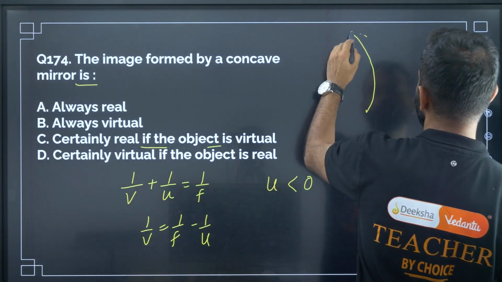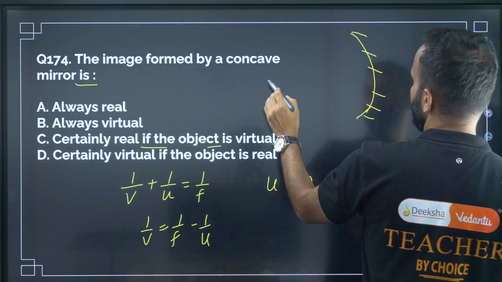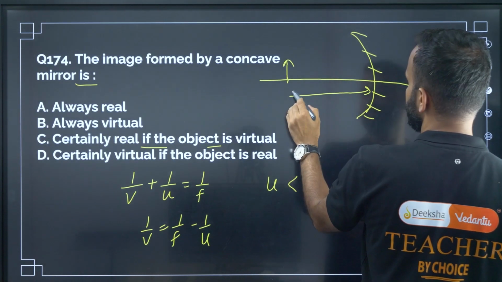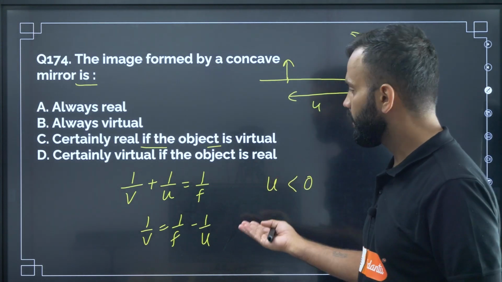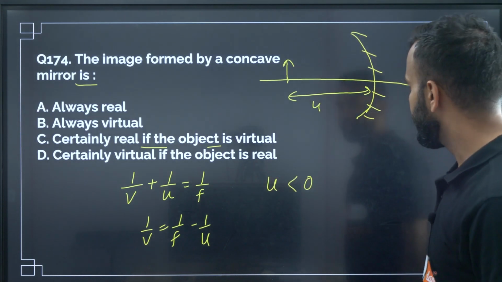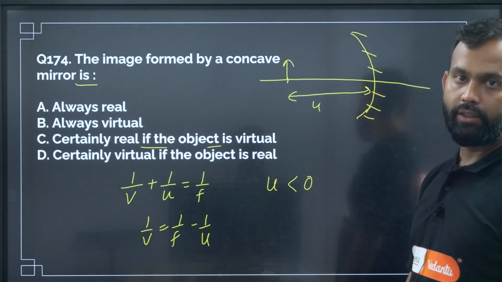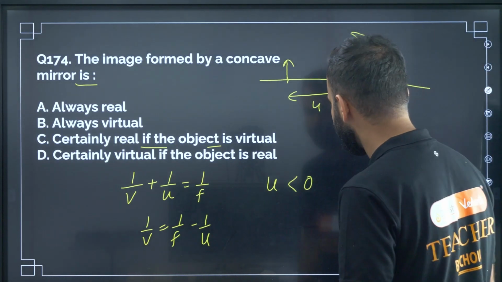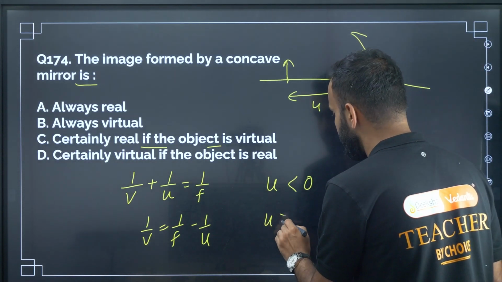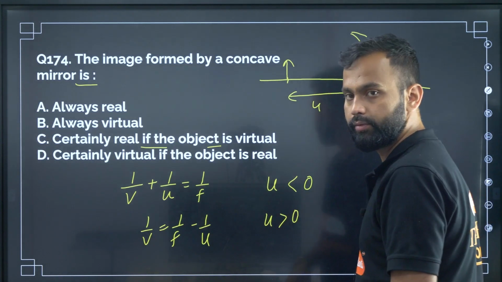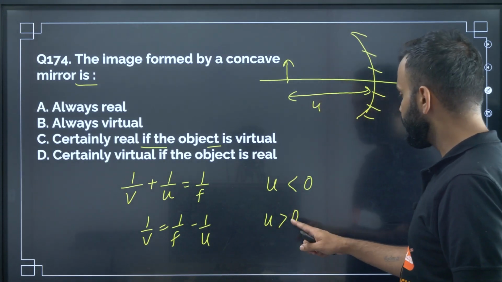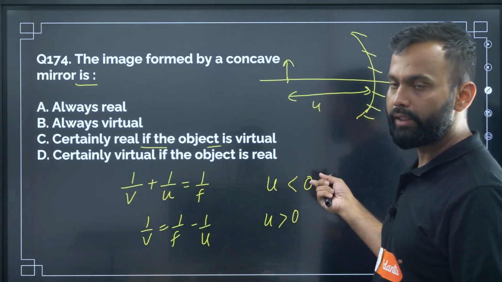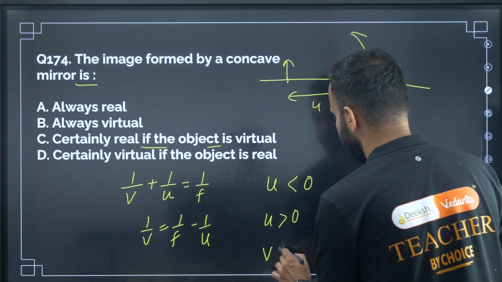So this is the concave mirror, and here this is the object. If the object distance is negative, anyway we will get a real image. So when the object is virtual, that is U is positive, U greater than 0, we will get a real image, that is V is negative.